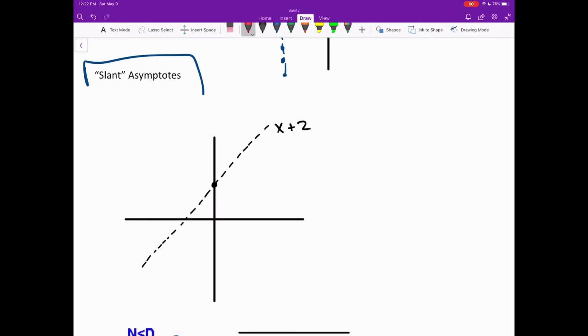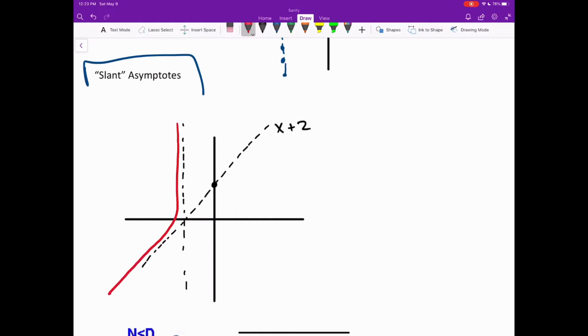You've got this line, and you may have a rational equation that has a vertical asymptote that looks like this, but since we have that slant asymptote, it no longer goes horizontal like this, right? Maybe it goes like this and then starts following that slant asymptote.